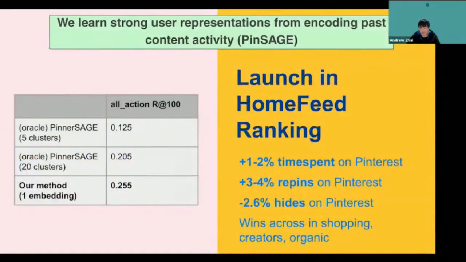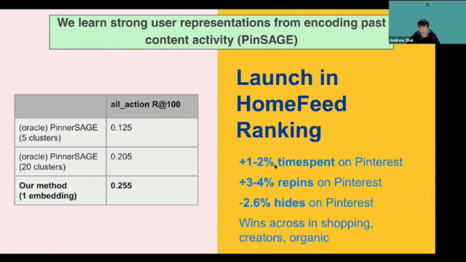Our supervised method was actually quite effective. We see on the left, compared to the previous approach, we were able to do better on our offline eval with just one embedding compared to the previous multiple embeddings. But more importantly, when we actually tried this method in home feed ranking, where we used this new model as a feature in ranking, replacing the old one, we were actually able to get quite significant lifts.